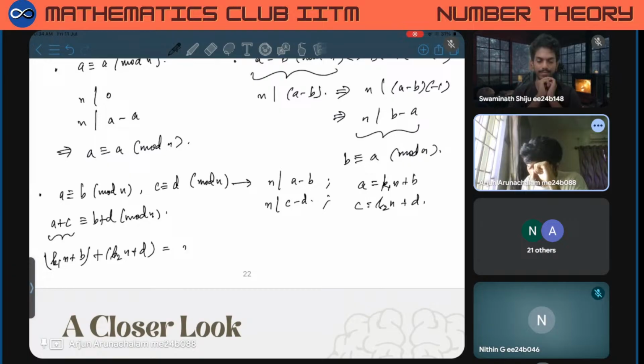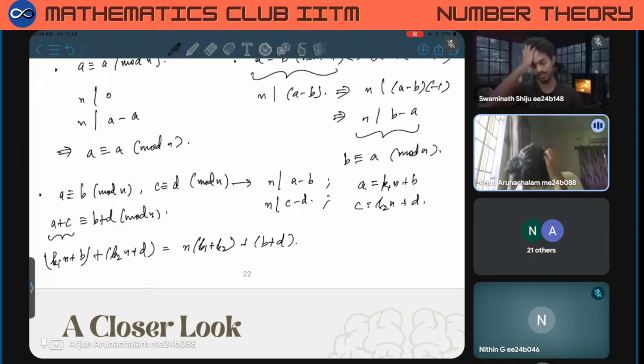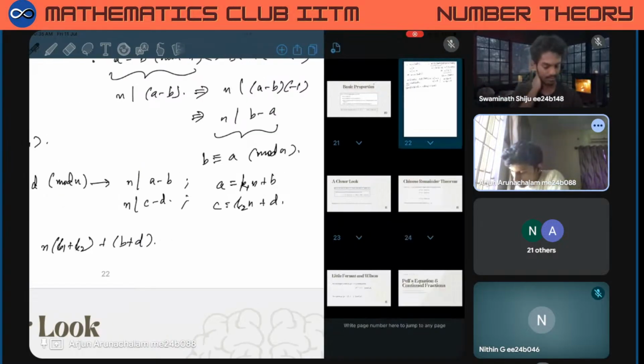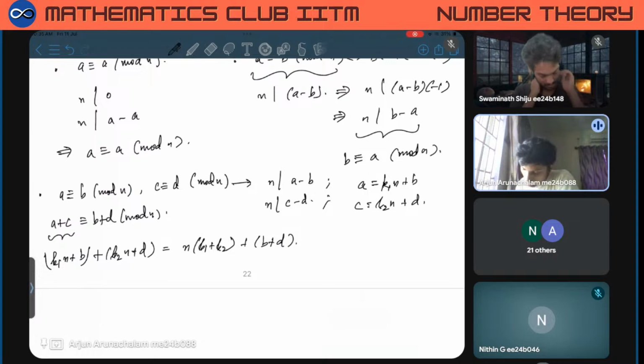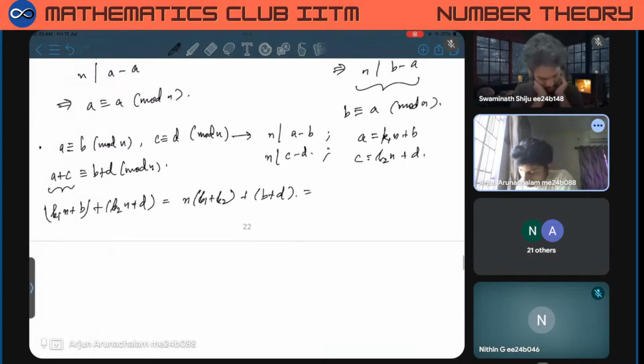This is equal to n times (k1 plus k2) plus B plus D. So note that, let's say this is some T. T minus (B plus D) is equal to n times (k1 plus k2).